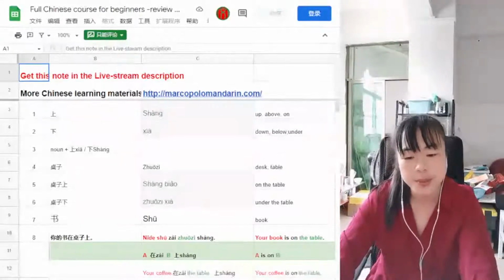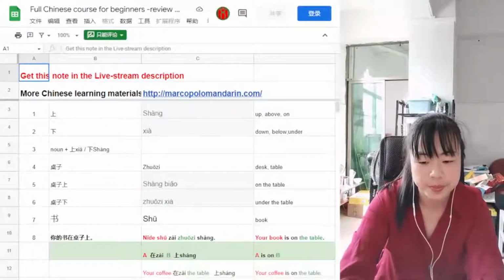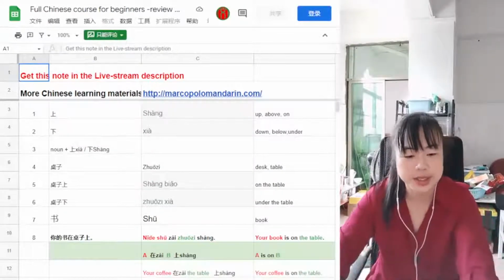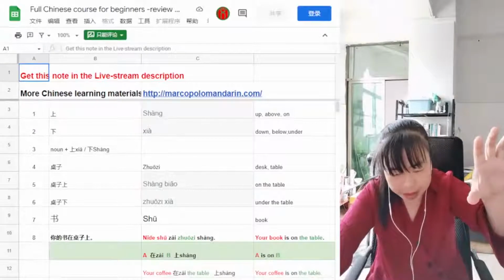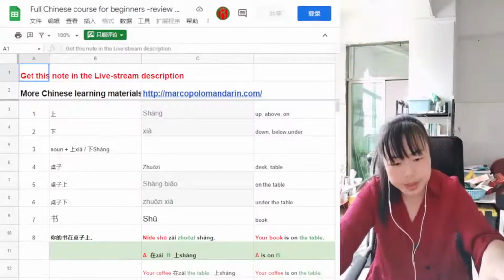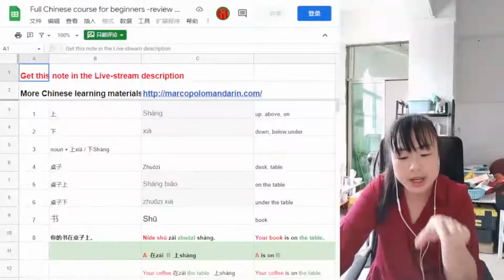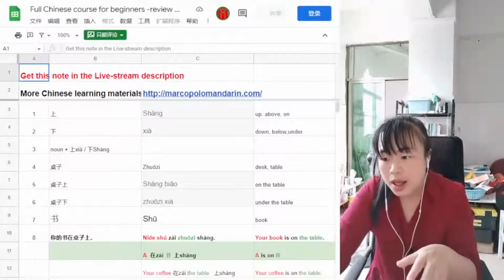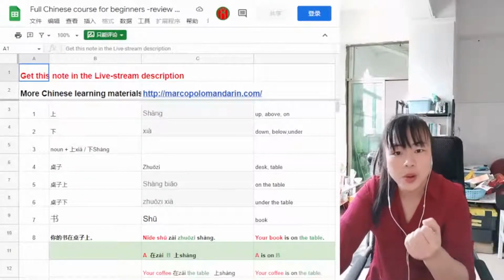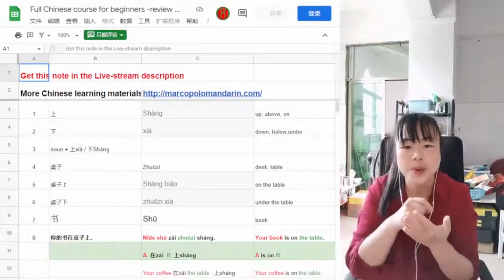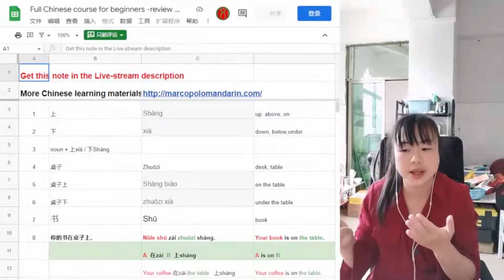Okay, your cup is on the book. How do you say it in Chinese? Okay, think about it now. According to the pattern we mentioned on line 22. Check line 22. Now, get a pencil, get a paper. Try to practice with me at the same time.